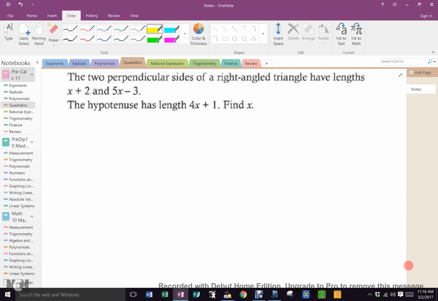Read the question. We've got a right angle triangle, we've got sides, and we've got a hypotenuse. If I have the sides of a right angle triangle and a hypotenuse, what am I going to have to do? Pythagoras. There's grade 8.